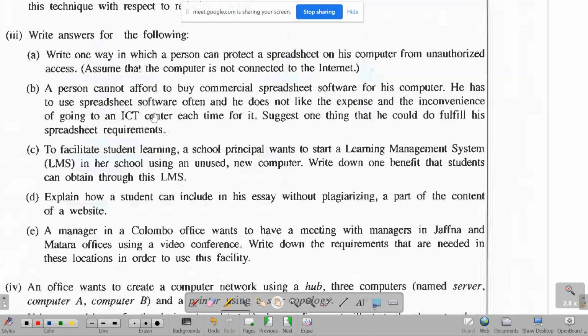So what he can simply do is he can shift to free and open source software. Right.